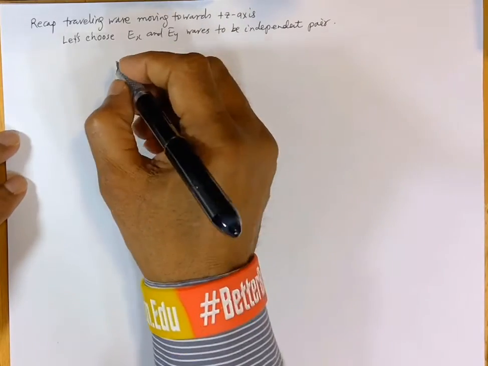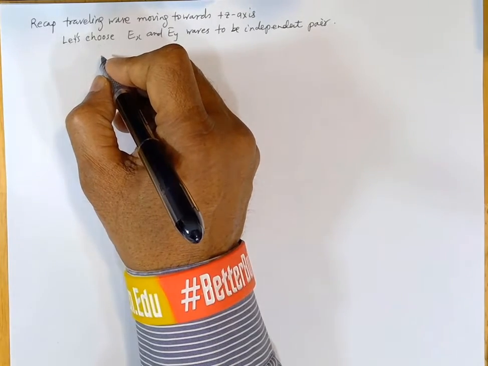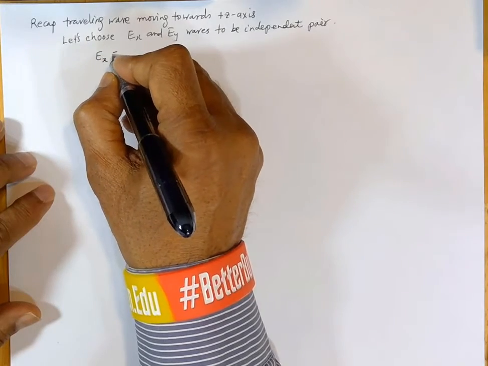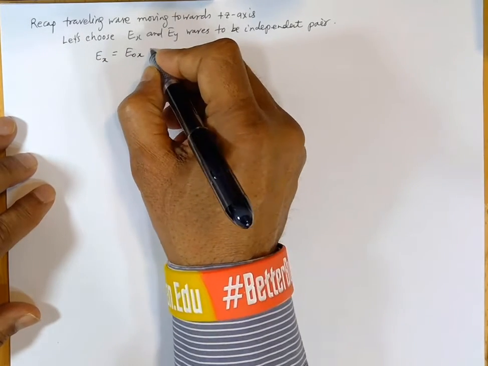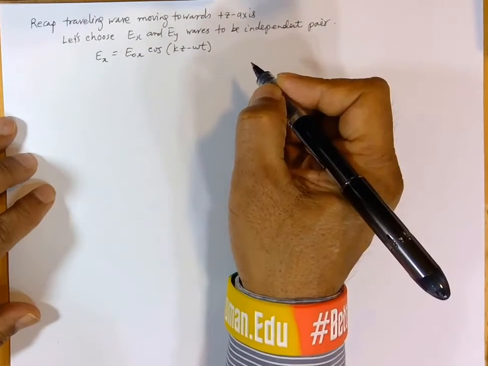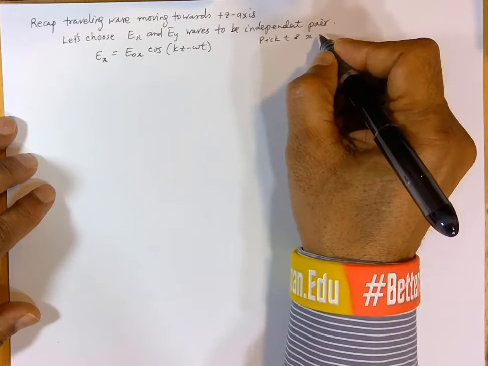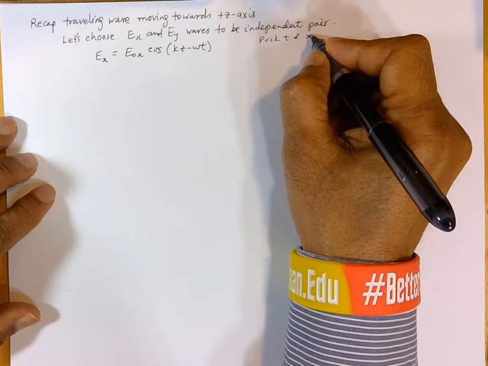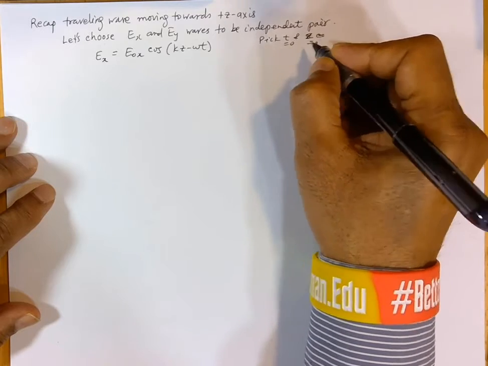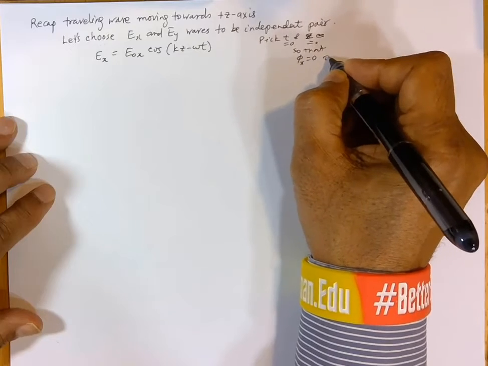So what we'll have is we'll have Ex equals E0x cosine(kz minus omega t). Let's also pick t equal to 0 and z equal to 0, so that phi x equal to 0 and phi y equal to 0.